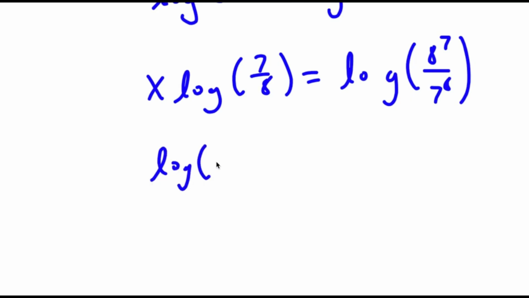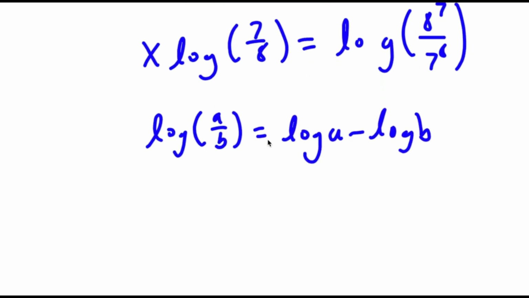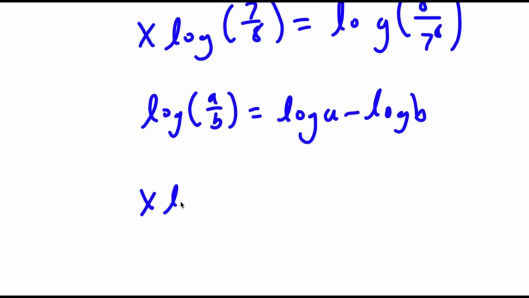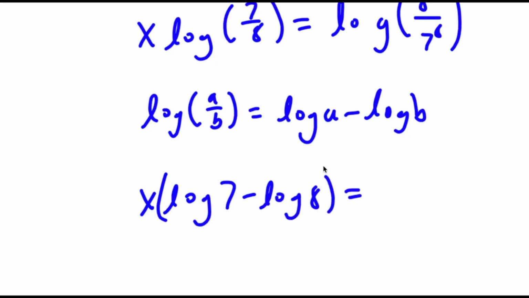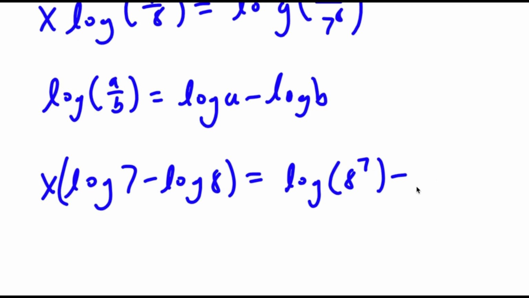Now log of a over b is equal to log a minus log b. So log of 7 over 8 is going to equal log of 7 minus log 8, and the right side is equal to log of 8 to the power of 7 minus log of 7 to the power of 8.